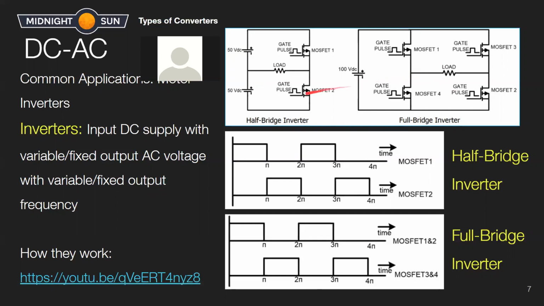PWM stands for pulse width modulation. The way it works is that you are pulsing the load at certain frequencies at different time periods, so that when you see the output on the load, you get a different width of duration of a high pulse at different times.